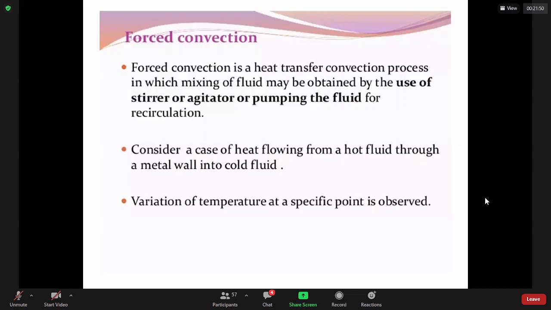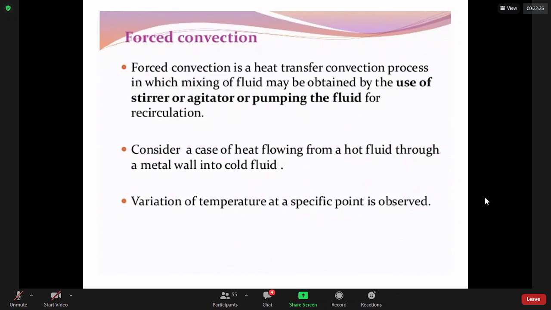That vapor is getting cold through the glass. You get it? So here a hot fluid is passing through a tube that is surrounding another tube through which cold fluid flows. So we are considering a hot fluid through a metal wall into a cold fluid.